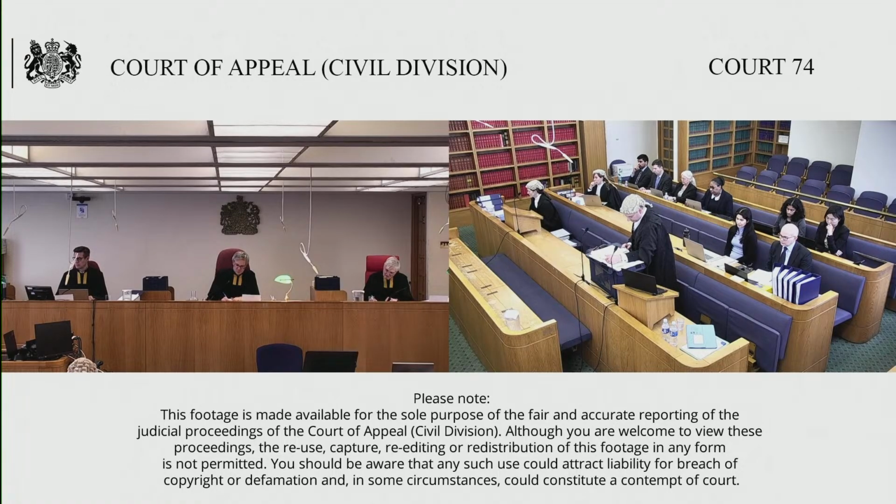And the key part reads, if capital expenditure is incurred on the construction of a building or structure, there's a limb B, which is about whether the building has been sold, then the tail piece says that the capital expenditure is qualifying capital expenditure. So the key phrase, expenditure incurred on the construction of a building, remains in place.